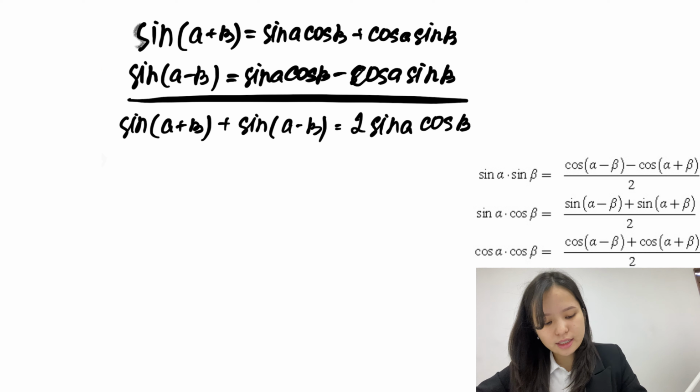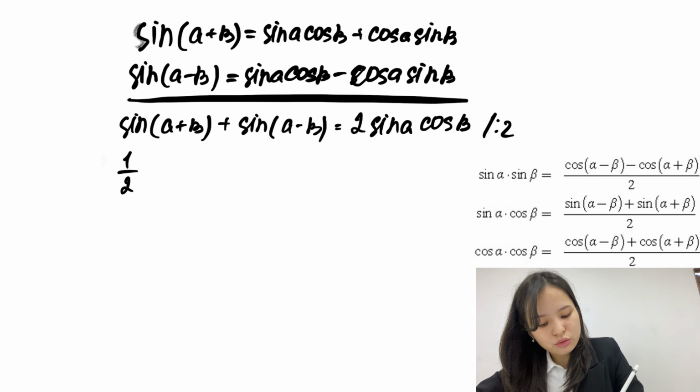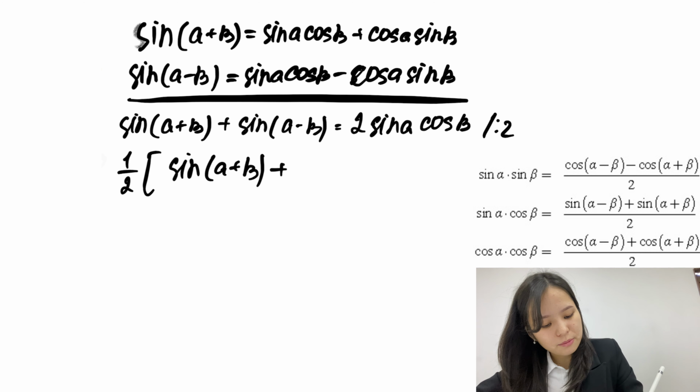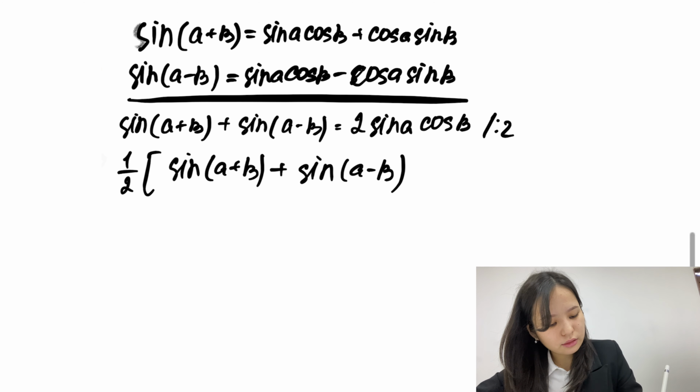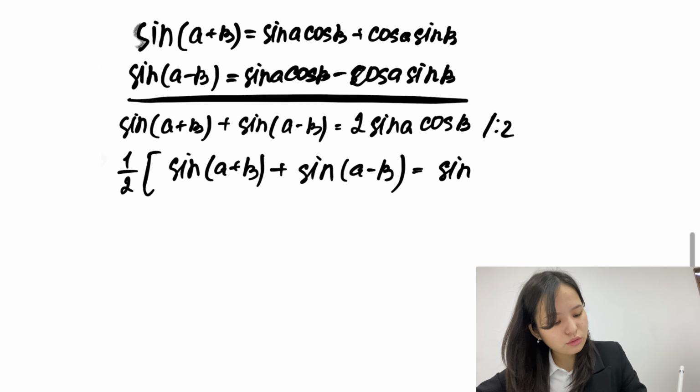To isolate the product of sine A cosine B, we divide by 2. 1 over 2 multiplied by sine A plus B plus sine A minus B. 2 divided by 2 is equal to 1. It will be equal to sine A multiplied by cosine B.